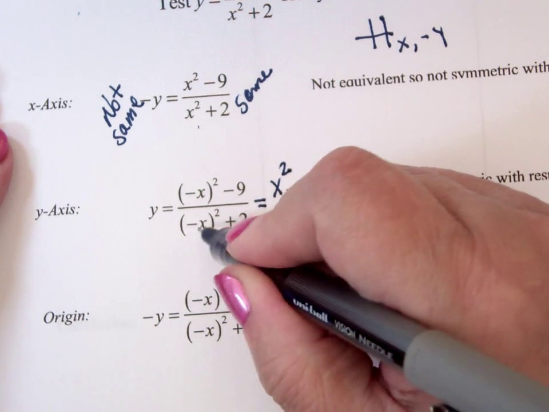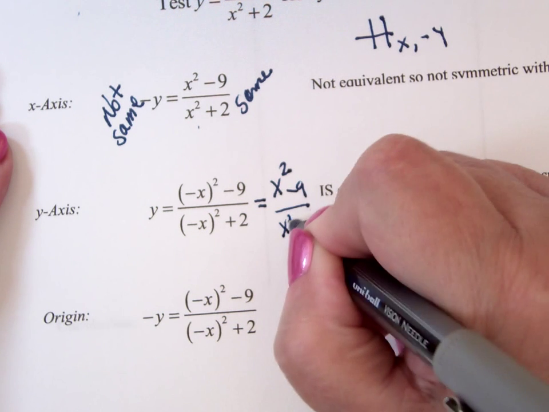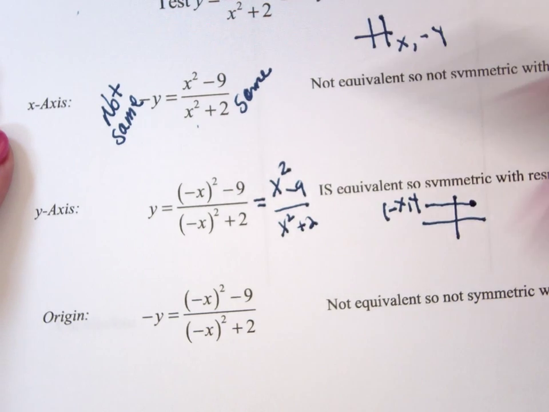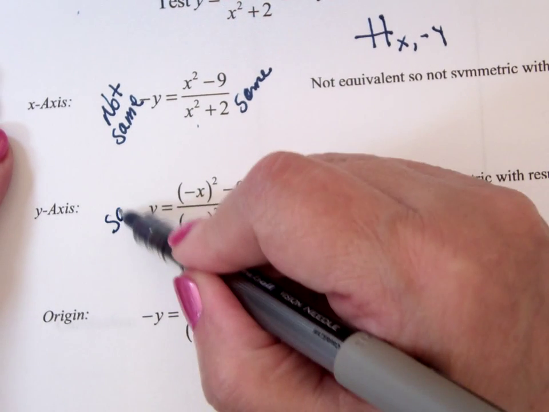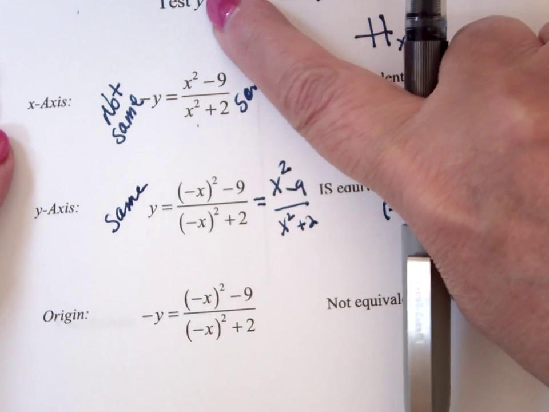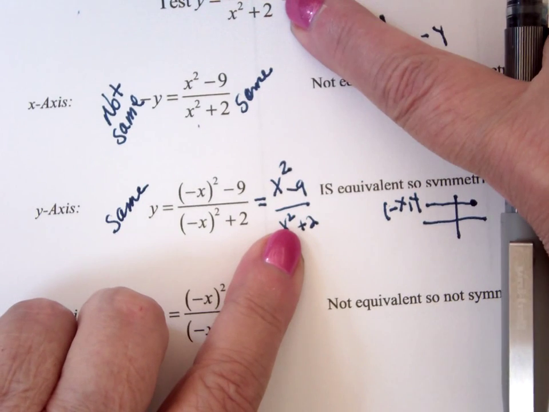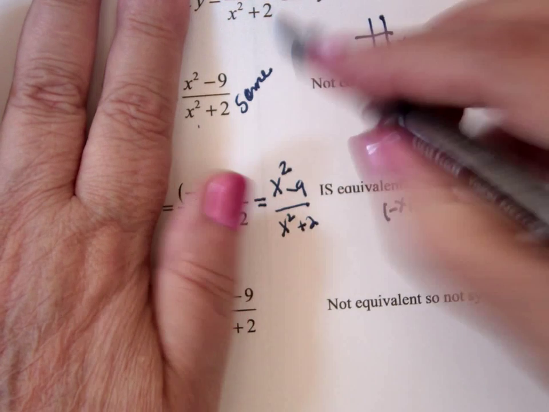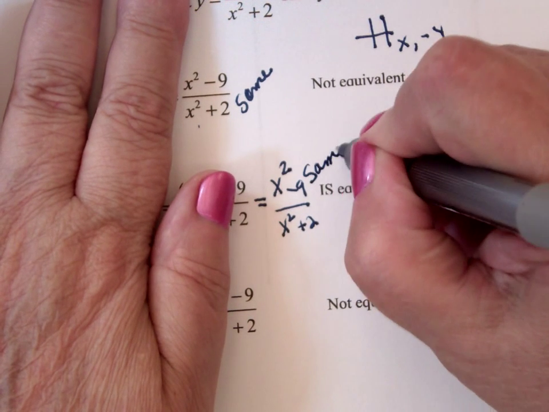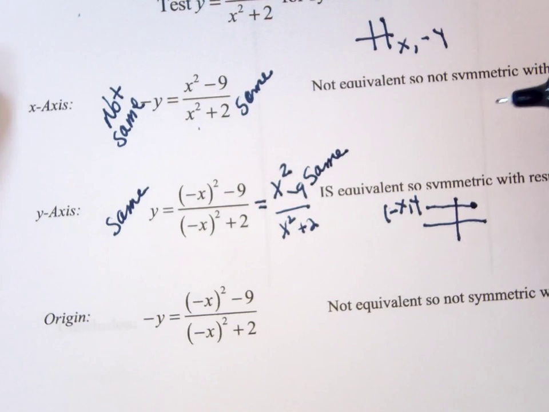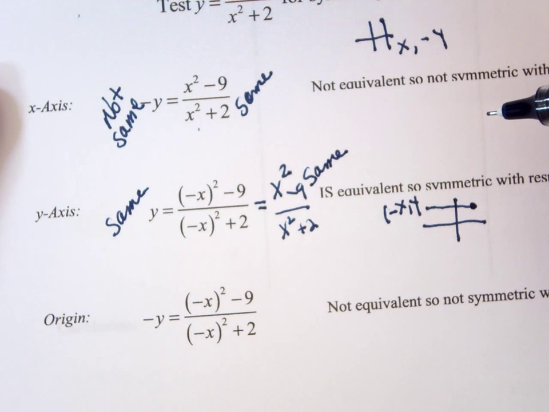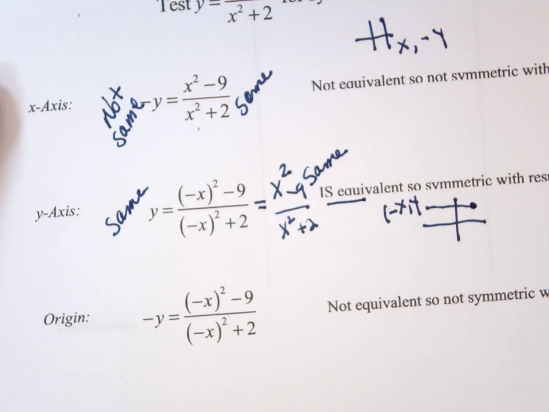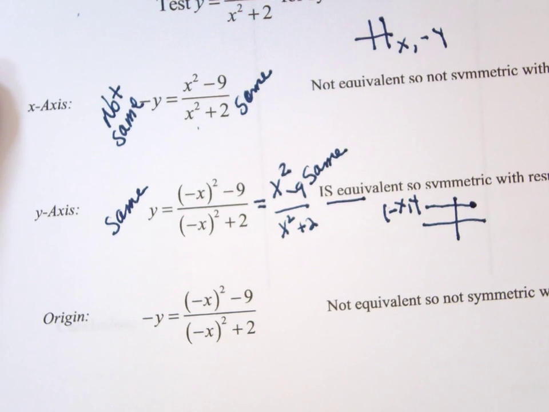The opposite of x squared is just x squared plus 2. What do I notice? This is the same as the original, that is the same as the original. Same means same. So this is symmetric with respect to the y-axis.